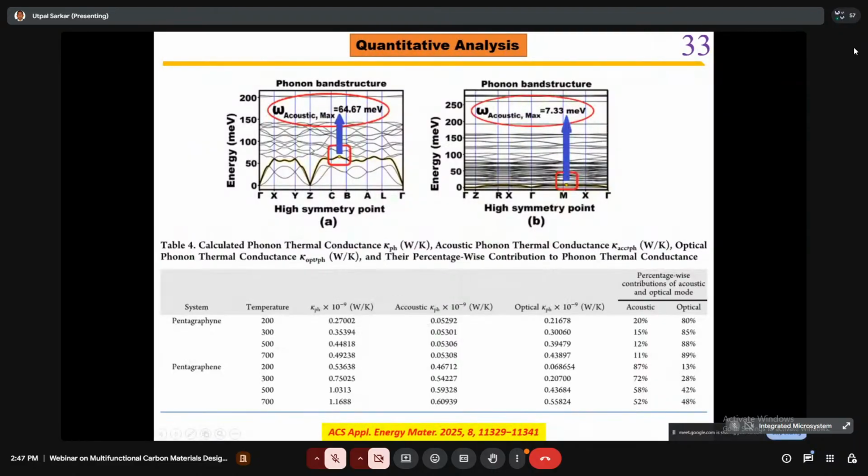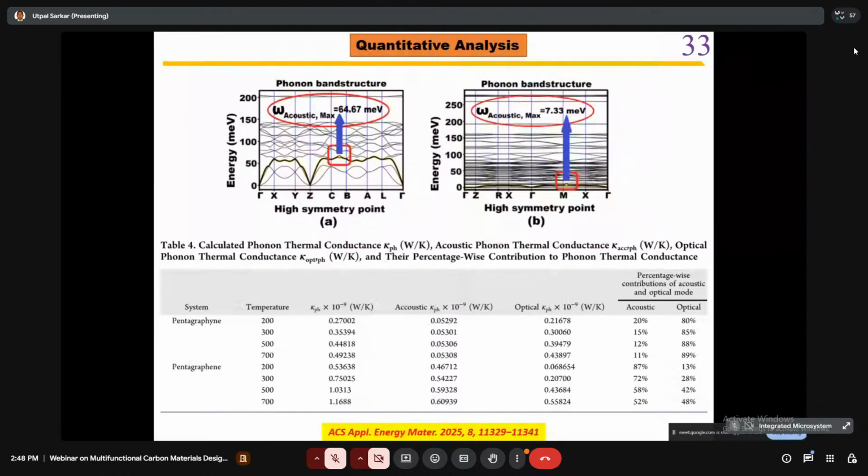So when we are inserting the acetylene linkage in pentagraphene, you see that these optical bands are basically zigzag in nature. The curvature goes out and it now becomes flat. That means the group velocity after inserting the acetylene linkage is basically 0.